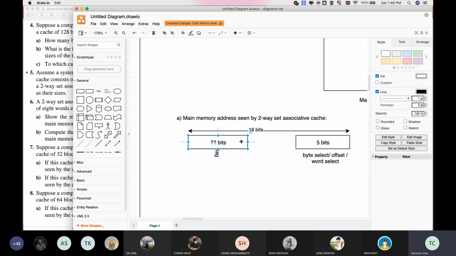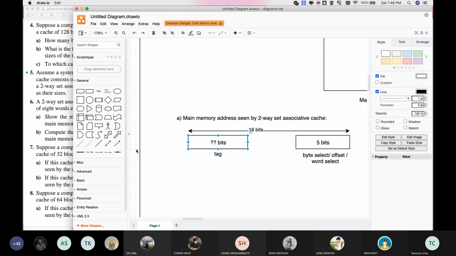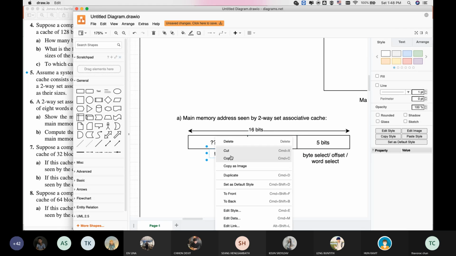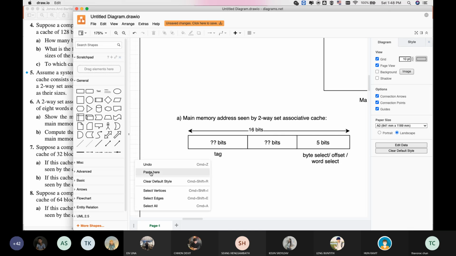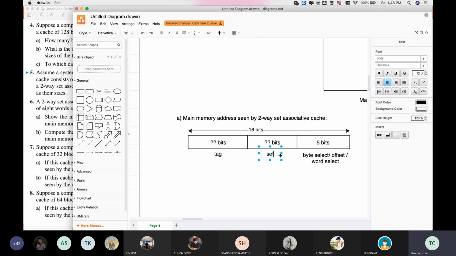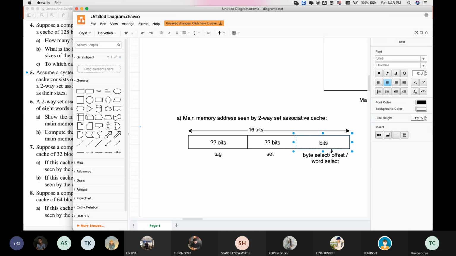But the second section, here in the middle, is the set. And the last one is still the offset or byte select.